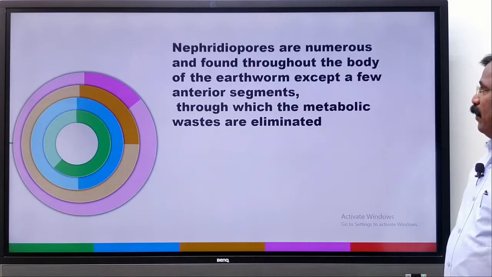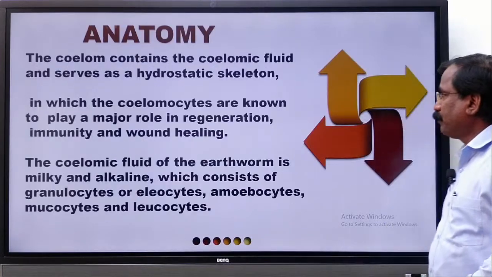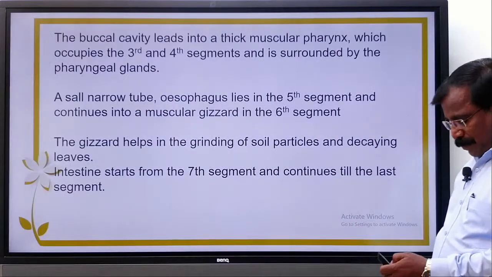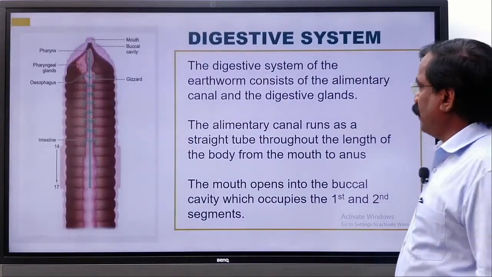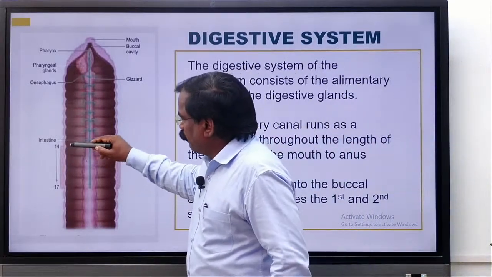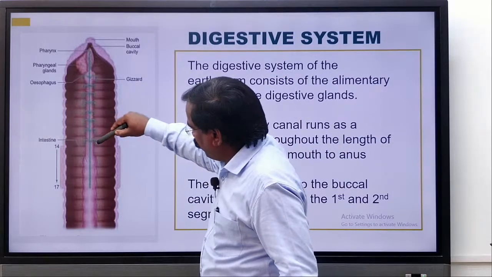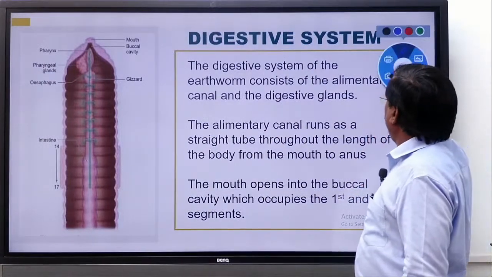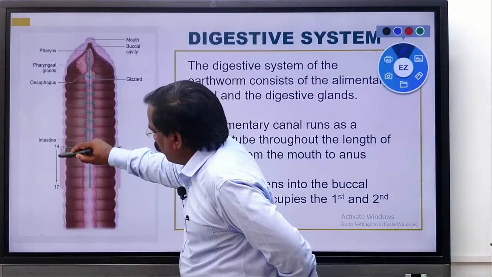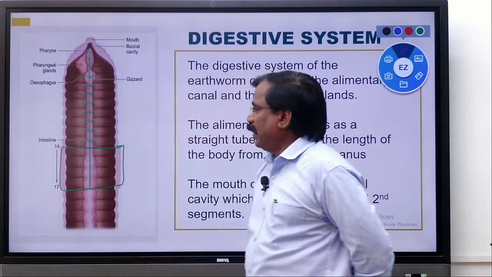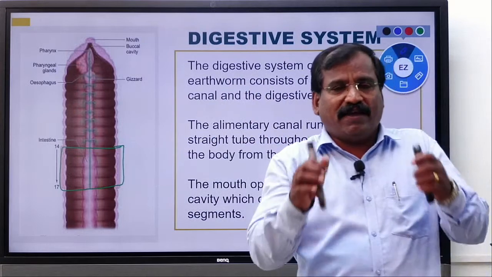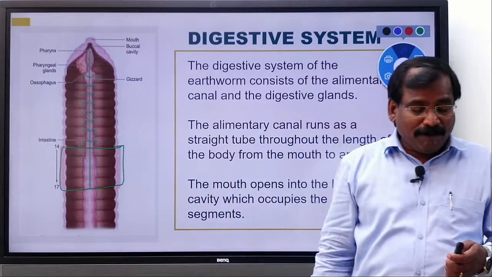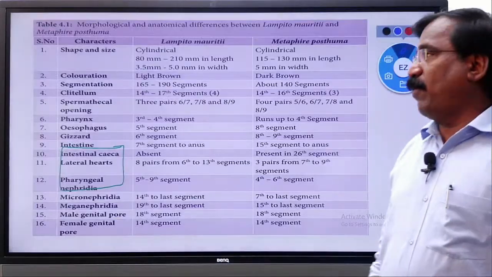See the diagram: the 14th to 17th segments are fused and swollen, and on the body it looks like a band. That is called clitellum. Very important, 2 marks, clitellum.